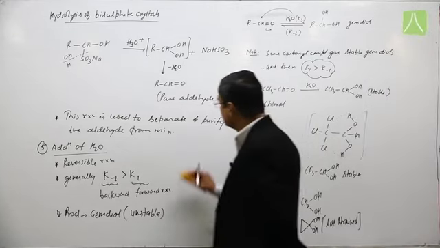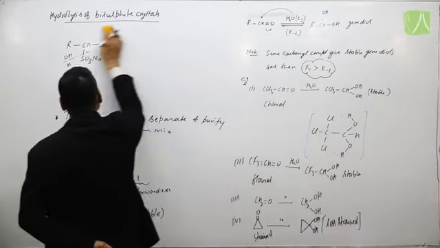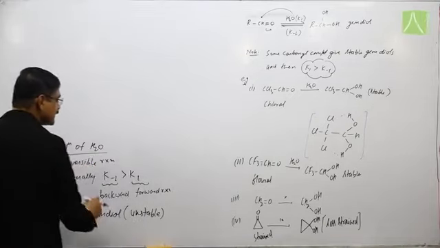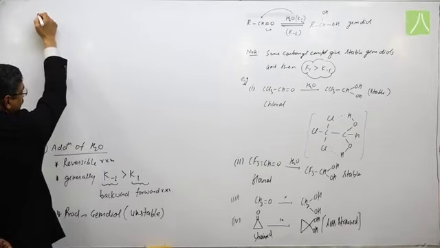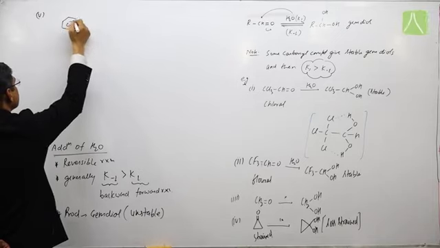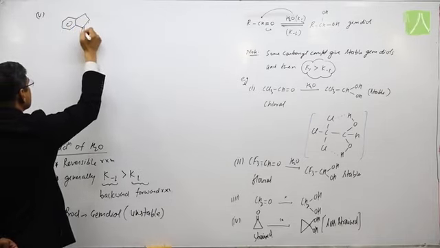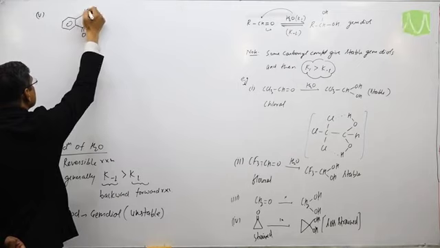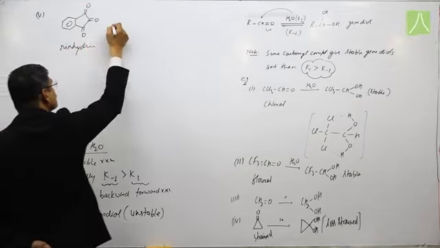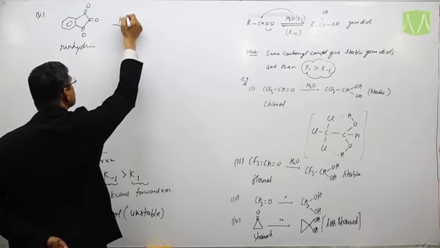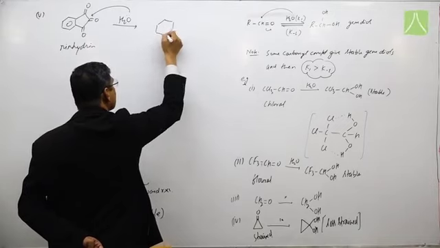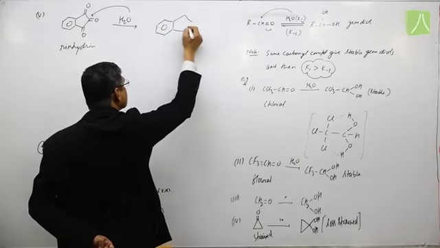And one more example in which the rate of the forward reaction is greater than the rate of the backward reaction: this molecule is known as ninhydrin. So water adds to the central carbonyl carbon.